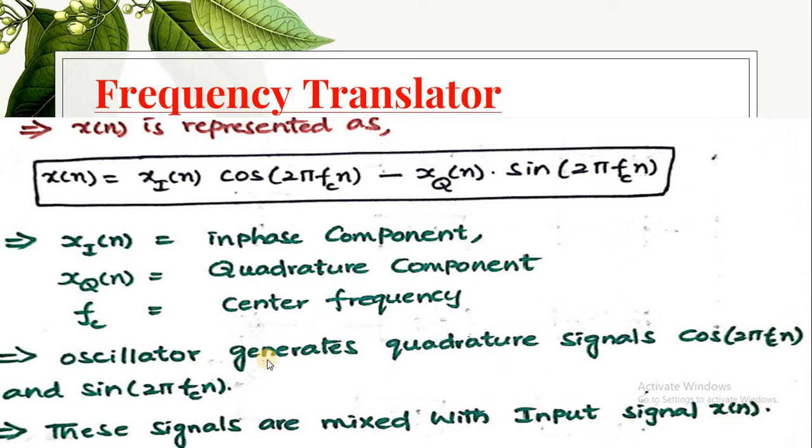The oscillator generates two quadrature signals, cos omega c n and sin omega c n. These signals are mixed with the input signal x of n by using a mixer. The mixer outputs are given to the low pass filter. Then we get the in-phase component and quadrature component respectively. This is the working of the frequency translator.